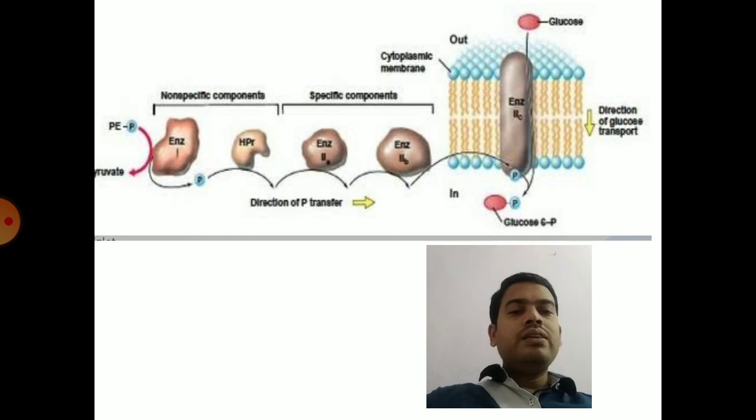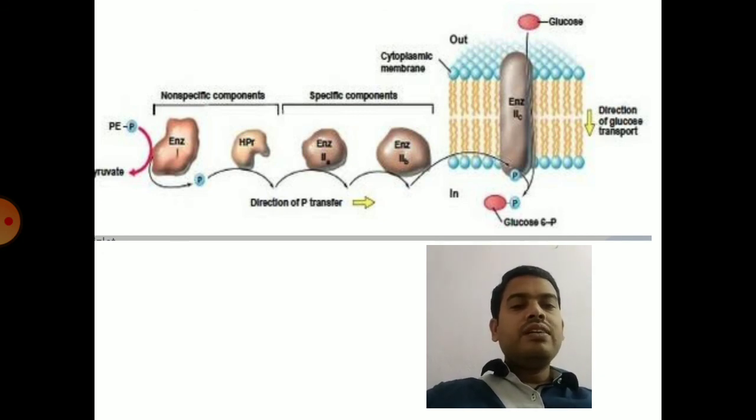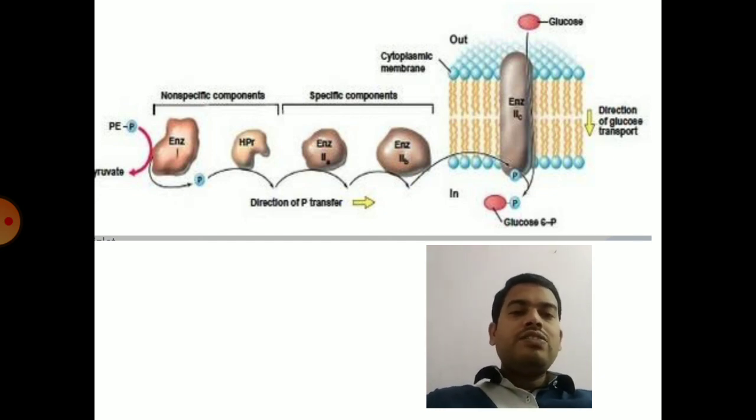So glucose can simply diffuse through membrane proteins from outside to inside the cell. It will be prevented from back diffusion by the conversion of glucose to glucose 6-phosphate. If glucose is converted to glucose 6-phosphate, it cannot go back outside the cell.